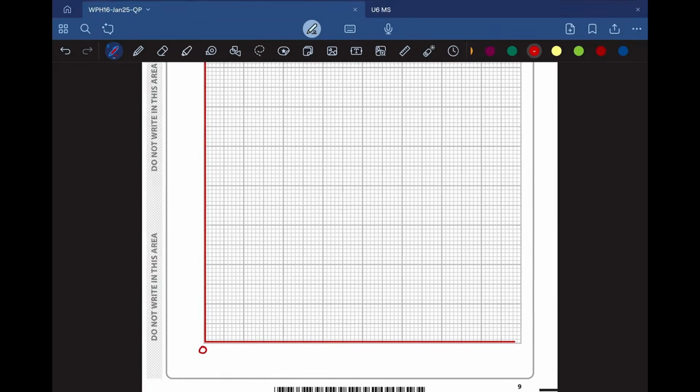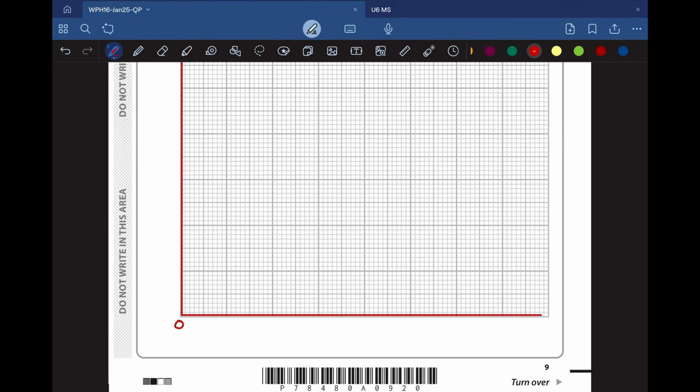So we'll take an increment of 5. It will be 5, 10, 15, 20, 25, 30, and this is going to be my 35. Right, that's how we are going to work with it. We can write this down as 40.